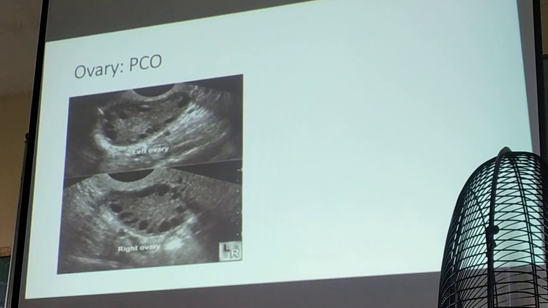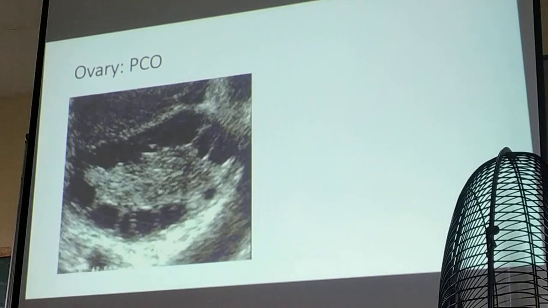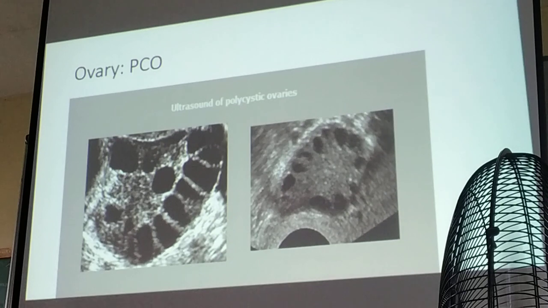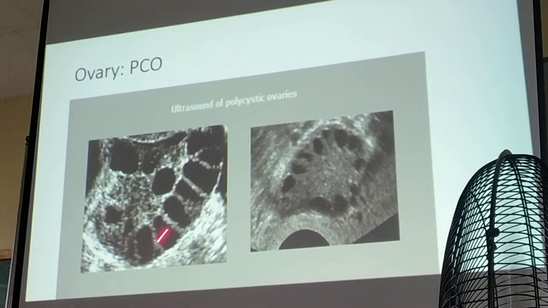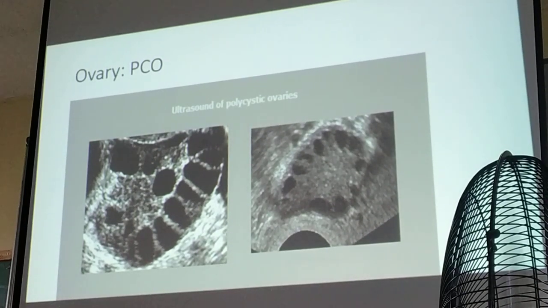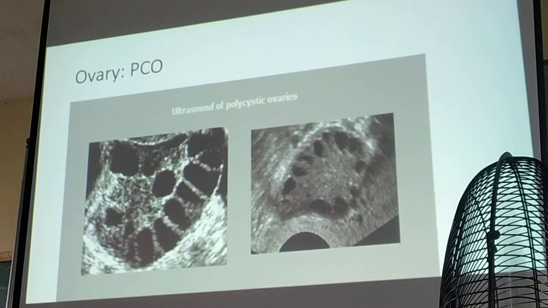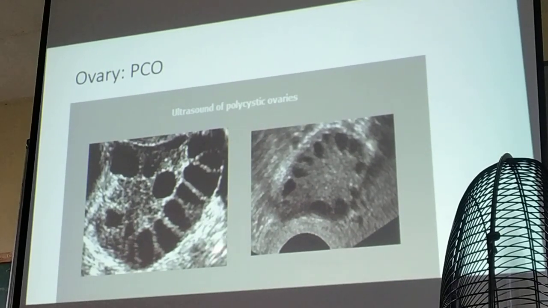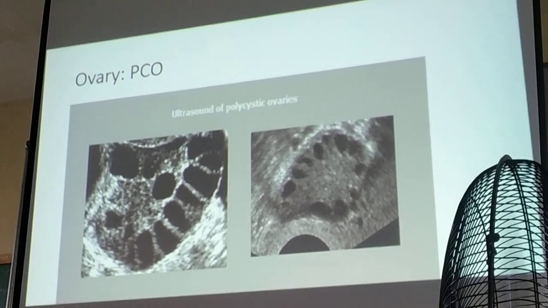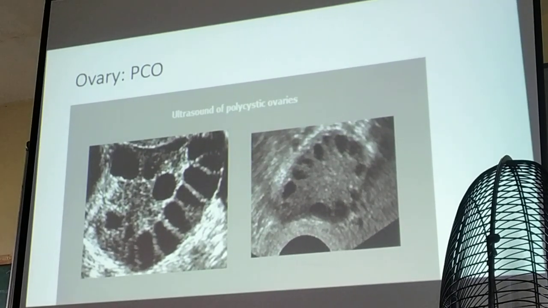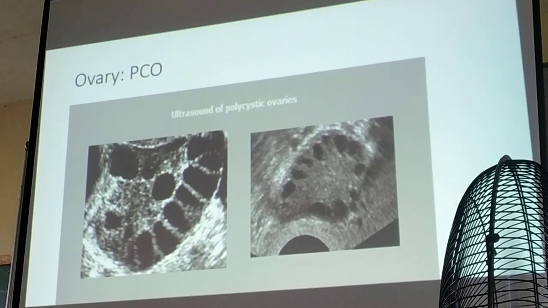The rosary beads. So if you would see at least 5 to 6 follicles at the periphery, then stay on your diagnosis of possible PCO, you might as well be correct.